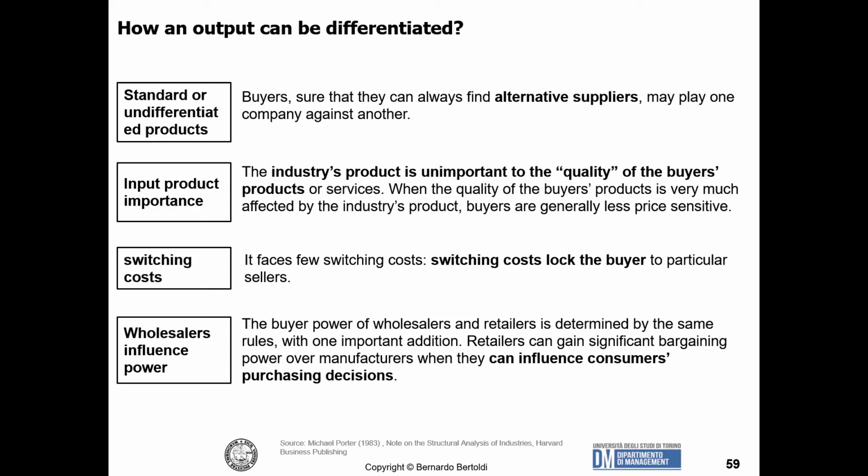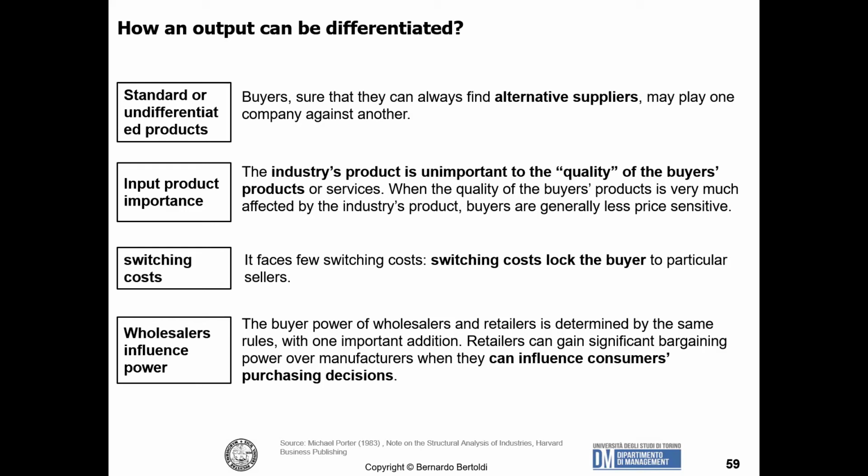So there is a cost in terms of money or in terms of time and effort that the customer has to afford in order to change the product. It gives you a bit of help in keeping your customer with you, but it's not really differentiating. It's more, let's say, imposing a tax if the customer wants to change. Usually it's not a good way to differentiate the product or to lock in your customer.